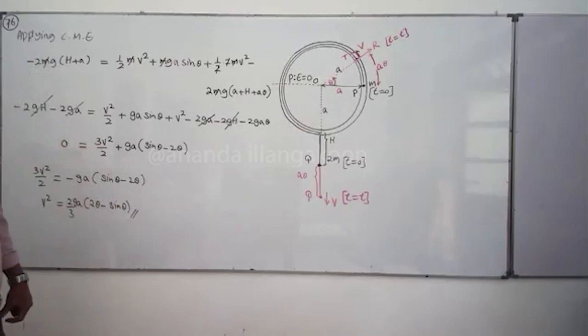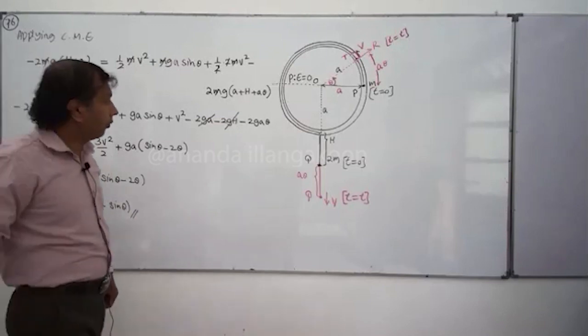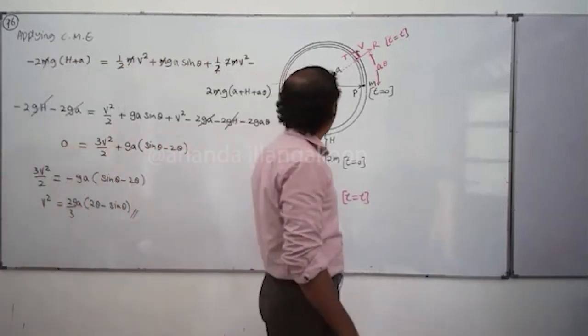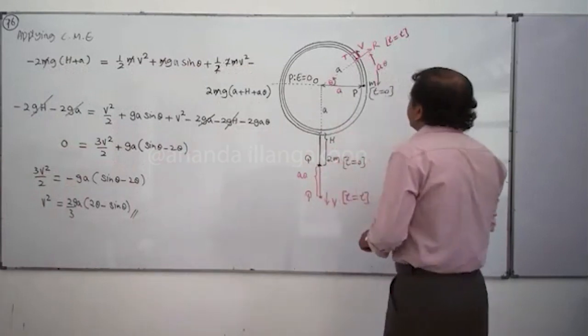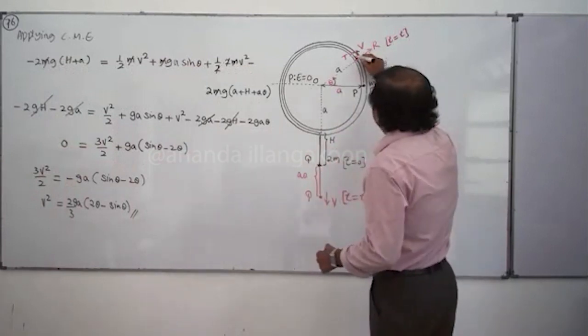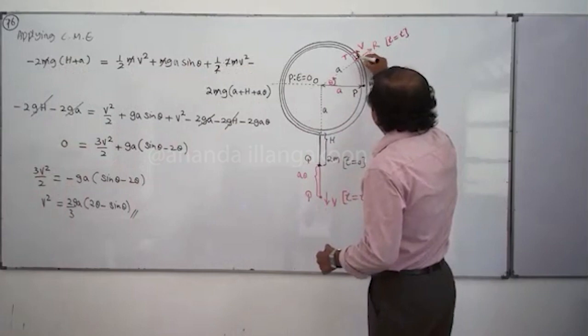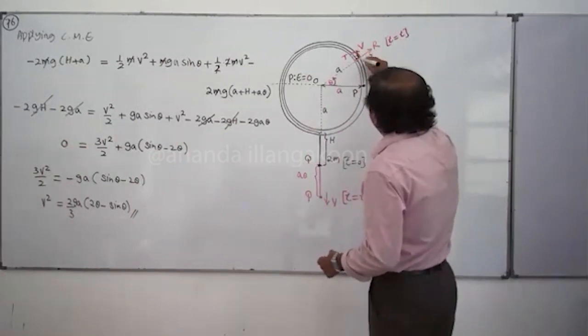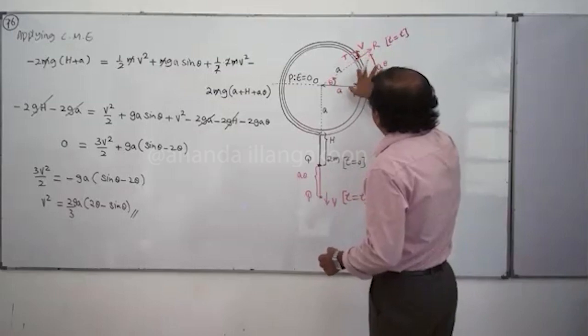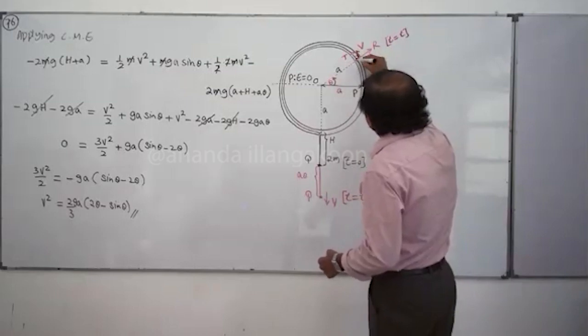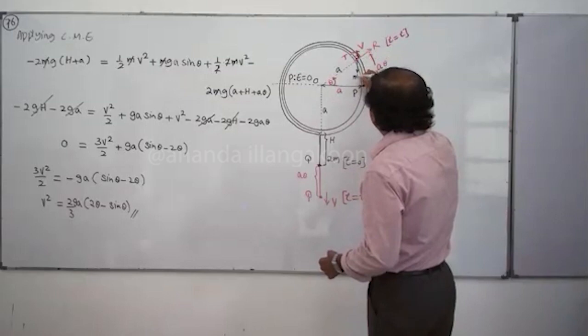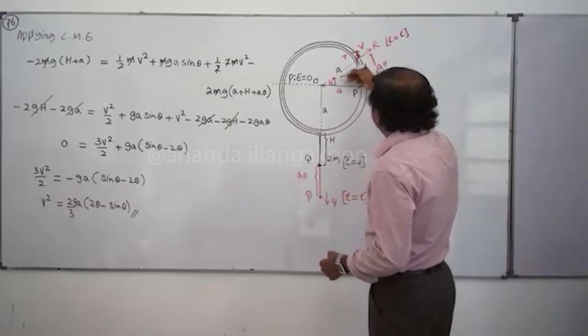Now we are asked to find the reaction on the particle P from the tube. That R we have to find. R can easily be found. This tension T is perpendicular to this R, because this tension T acts along the direction of the tangent drawn to this tube at this point. So when we apply F equals ma, this has a mass, therefore it has a weight, mg. Now we can apply F equals ma towards the center.